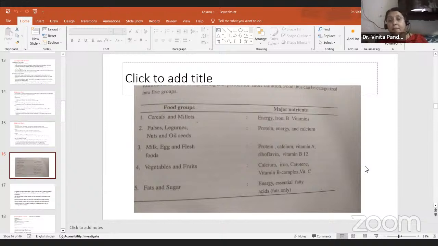So cereals and millets, like nowadays, we all are emphasizing on millets. So jowar, ragi, bajra, right? These are different kinds of millets which are very strong sources of energy to the body, iron, vitamin B. Then pulses, legumes, very good source of protein, calcium, energy, and you are familiar with the other nutrients provided by the different food groups.